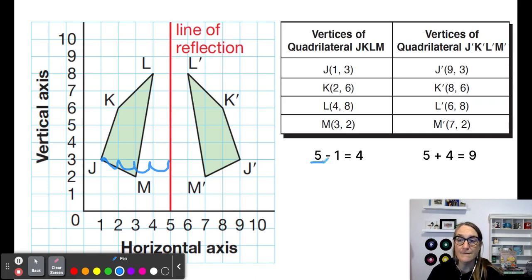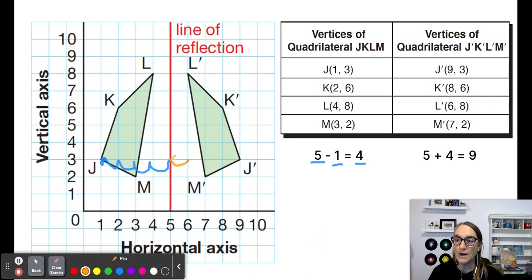But we could also figure it out just by saying that the line of reflection was at 5 and vertex J was at 1. The difference between those two is 4. So that tells us how far away vertex J is from the line of reflection. Now, equally, this should apply on the other side in the reflection image. Let's change colors here. So we start at 5 because we're at our line of reflection.